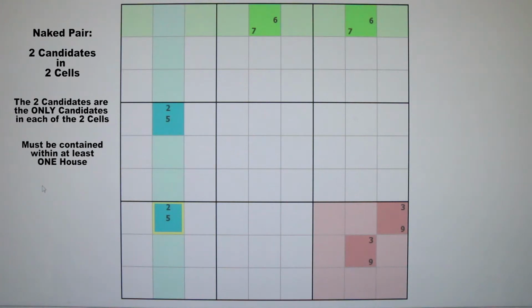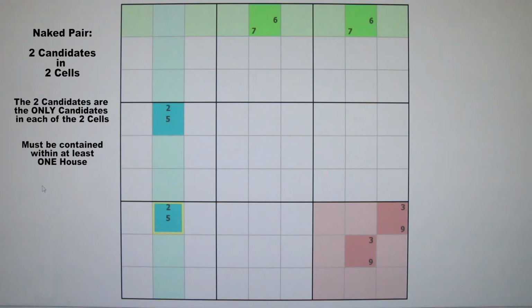Now we don't need to know which one is which, but we know that all the other cells in that column cannot be 2 or 5, which means you could eliminate any candidate 2 or any candidate 5 that lies in column 2 outside those two colored cells.